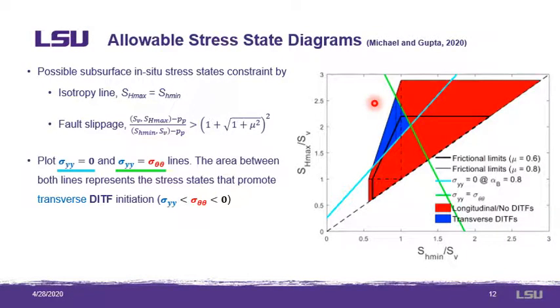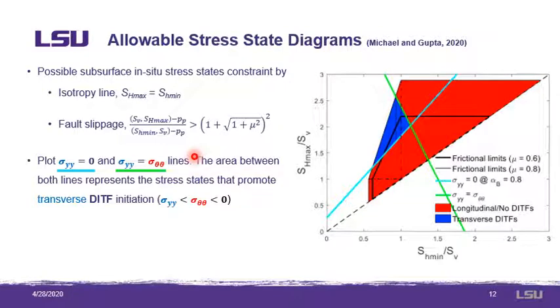The cyan line for the stress state for which the axial stress is equal to 0, showing the limits, and the green line for the stress states for which the axial and tangential stresses are equal to each other.